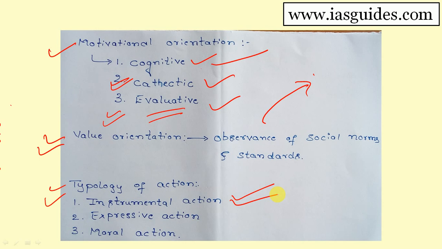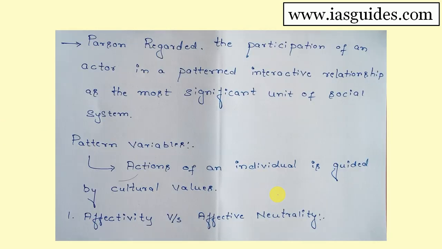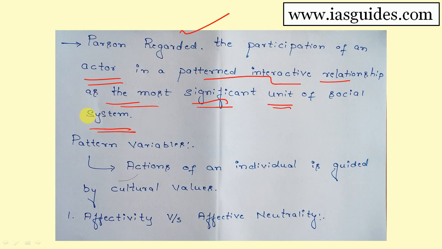And when we come to the next topic, Talcott Parsons regarded the participation of any actor in a patterned interactive relationship like society as the most significant unit of the social system. I'll explain this. According to Talcott Parsons, society is definitely a pattern.